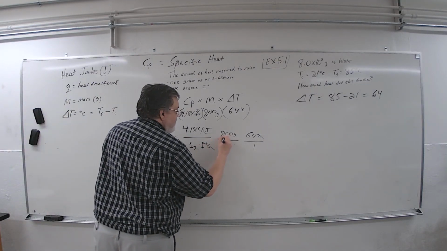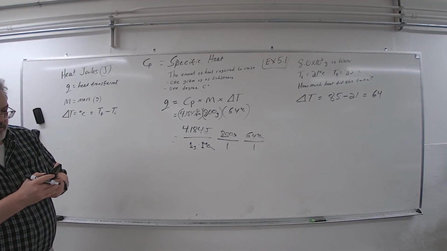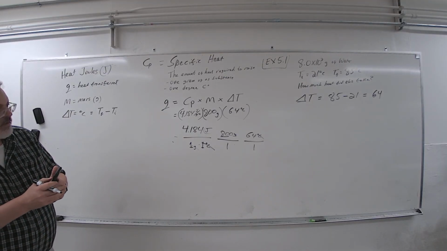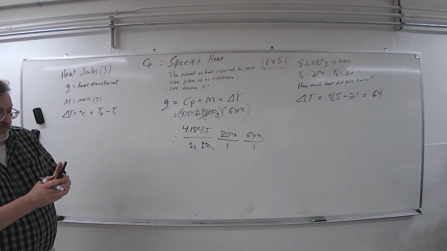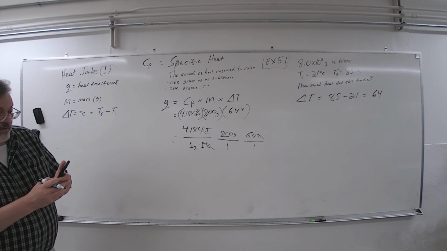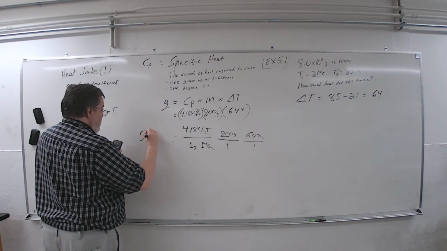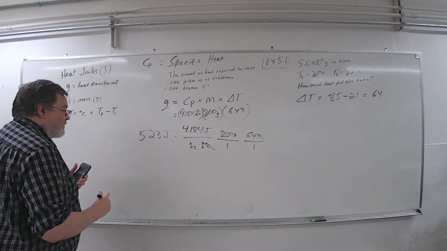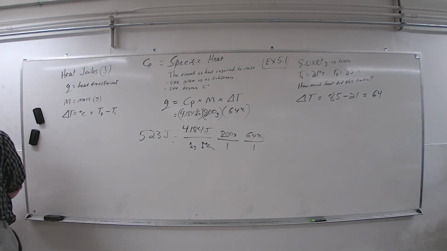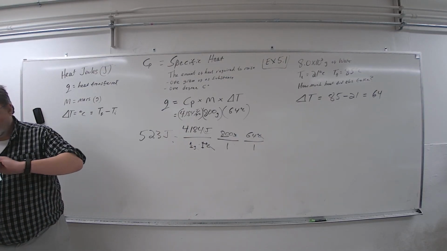This was really two significant figures. 4.184 times 800 times 64. I get 52.3 joules. That's all there is to it.